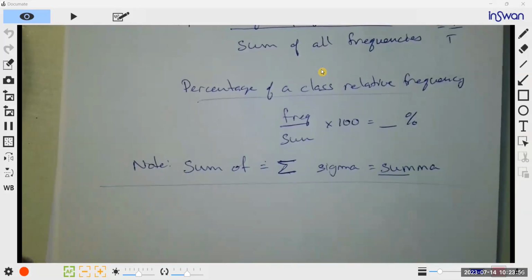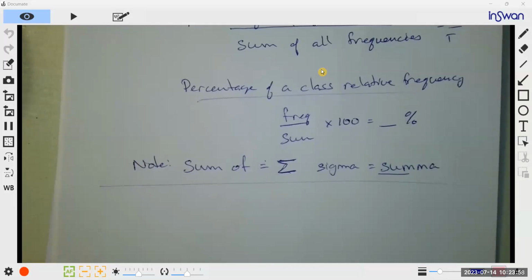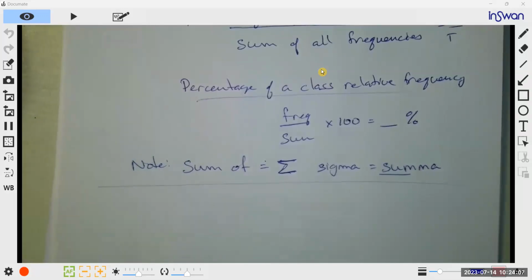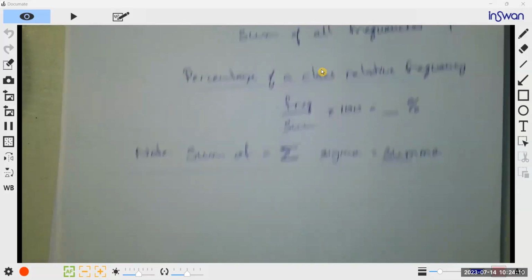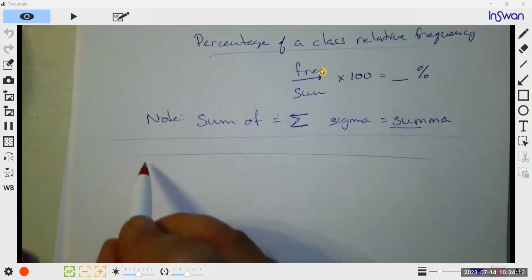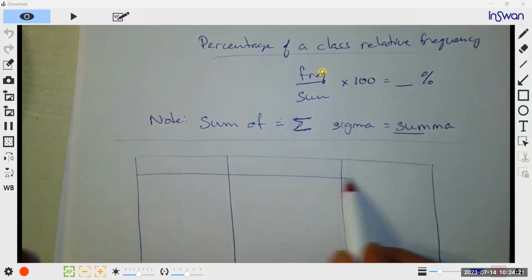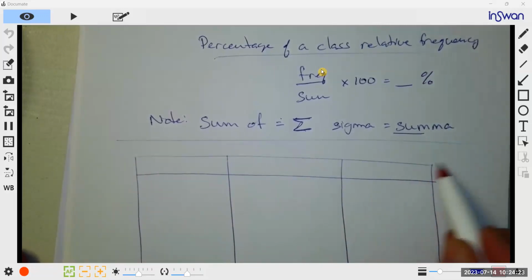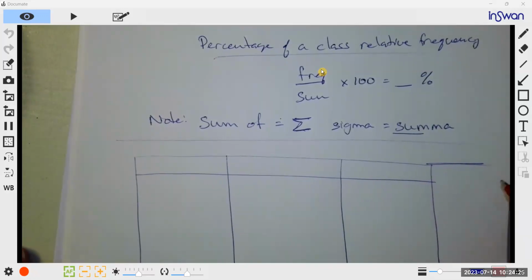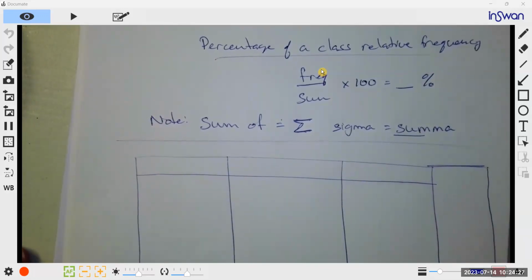All right, so let's go ahead and calculate our relative frequencies for our data. Where's our data? There. Let's look at not only that, but also the percentage.